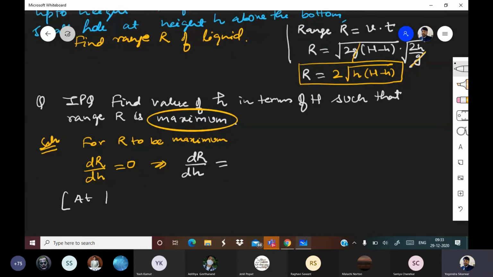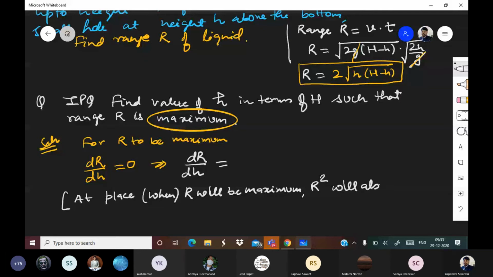So when R will be maximum, R square will also be maximum. Why am I saying so? I'll get rid of a root basically. So R square, let me call it y, is equal to 4 times h into (H minus h). Okay.